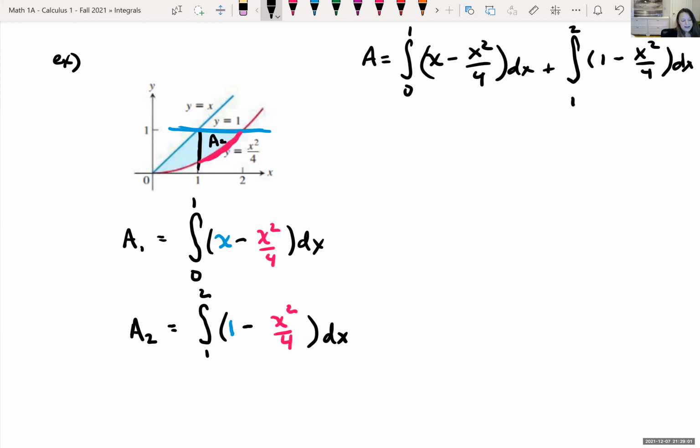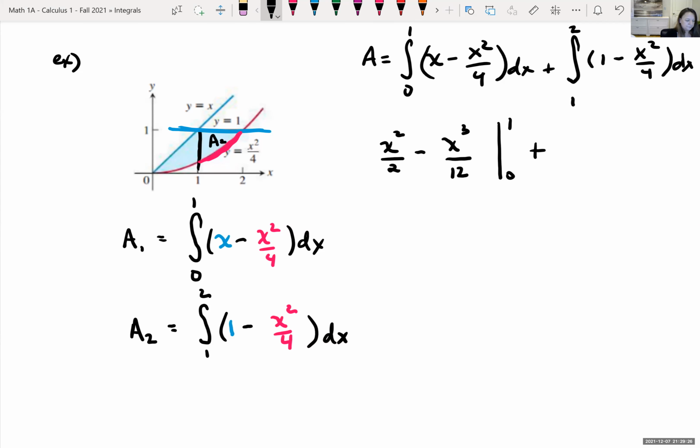Okay, so let's find the antiderivative of x minus x squared over 4. So the antiderivative of x is x squared over 2, minus the antiderivative of x squared over 4, which is x cubed, all over 3 times 4, which is 12. We're evaluating this from 0 to 1.